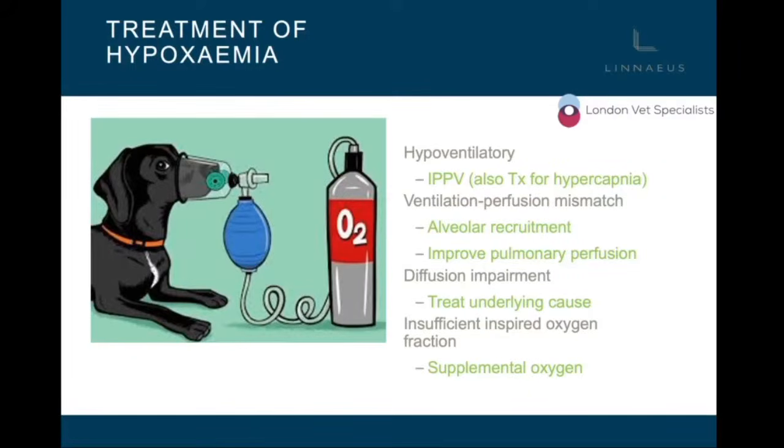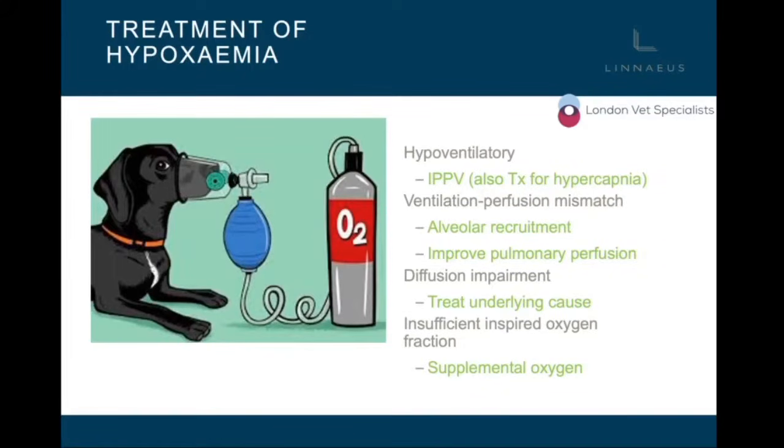If the other situation is true, that we have good ventilation but poor perfusion, we may try to improve pulmonary perfusion, and that's likely to be caused initially by hypotension. So we can go back to the previous slide and see if we can improve the blood pressure to improve the blood flow to these well-aerated areas of lung.